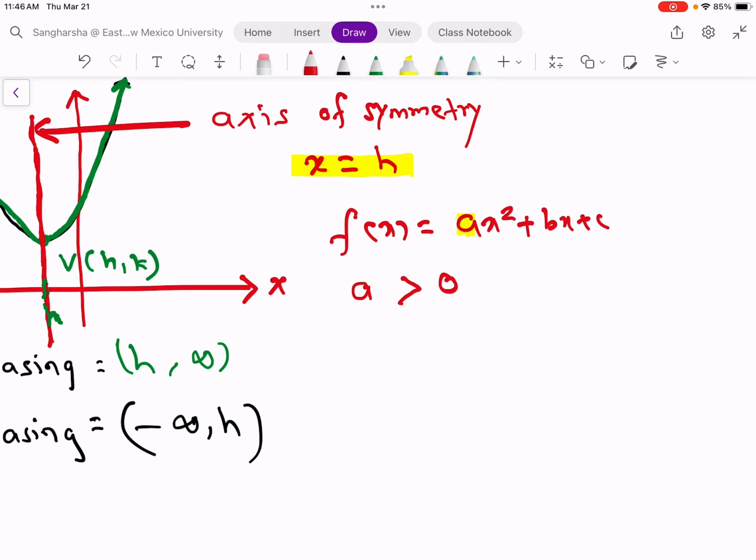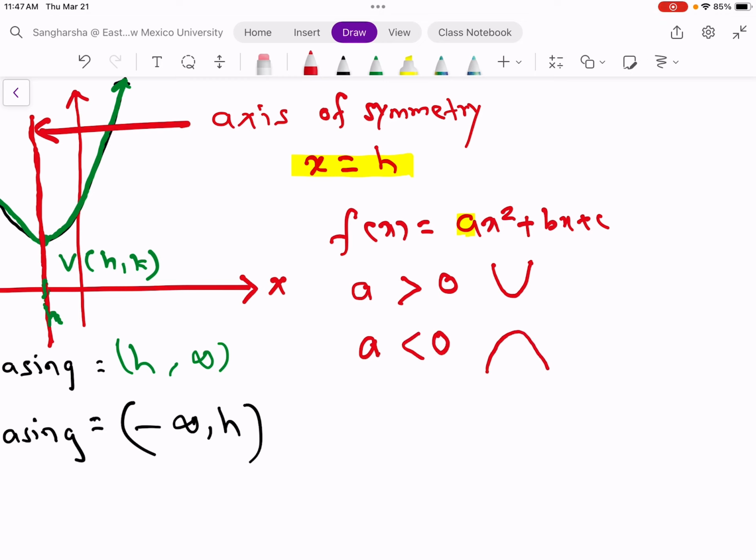It means the parabola opens up. If the coefficient of the square term is positive, the parabola opens up. If the coefficient of the square term a is less than 0, the parabola opens down.